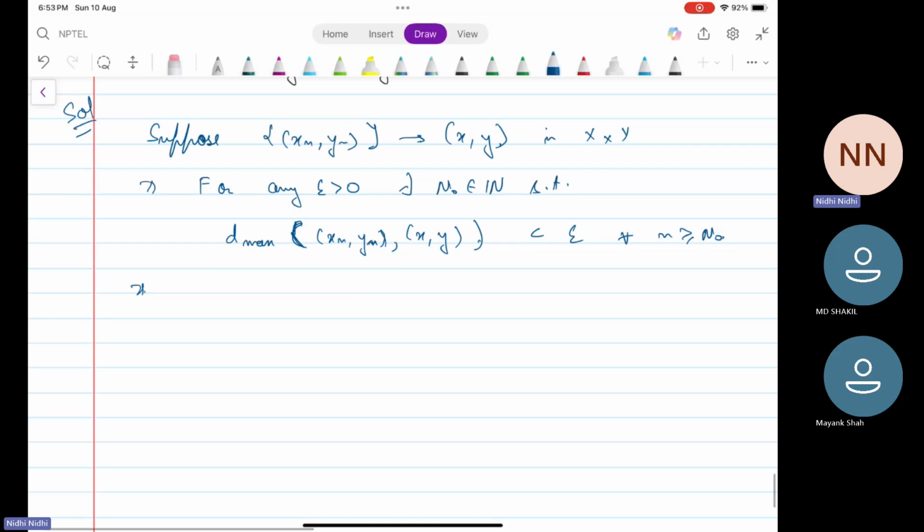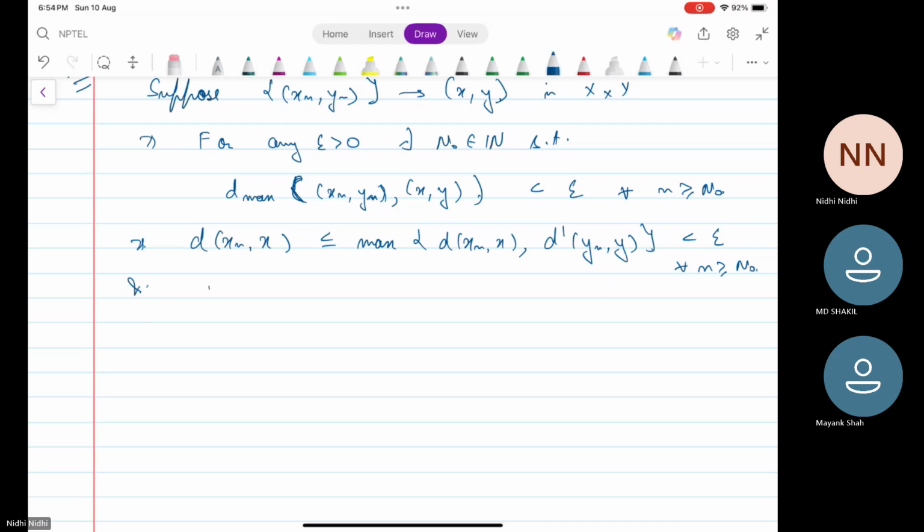That means d(x_n, x) is less than or equal to the maximum of d(x_n, x) and d prime(y_n, y), which is less than epsilon for all n greater than or equal to n naught.